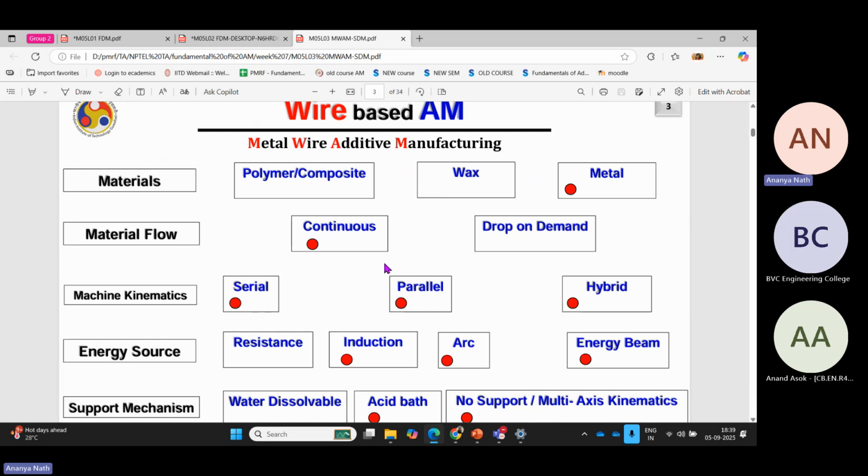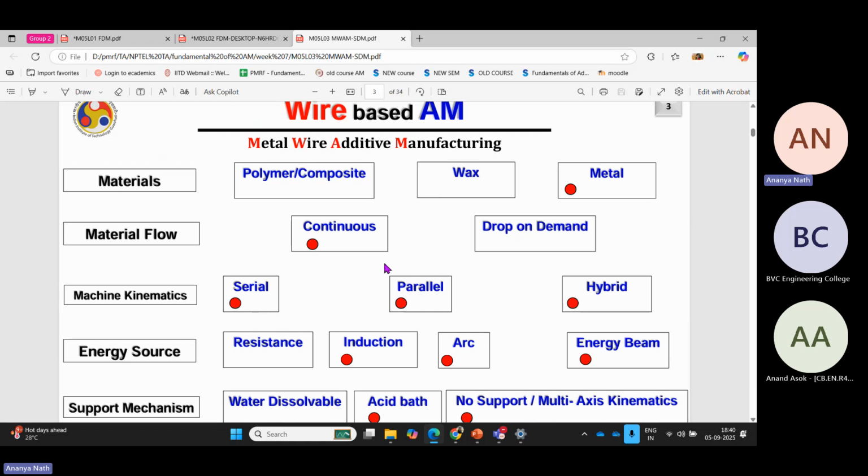Drop on demand is not that famous in case of metal. It's more famous in case of inkjet printing. There is another printing method, inkjet printing, which is also capable of some MOEMS and MEMS device fabrication using some ink in a 3D manner, like 3D printing. There, this drop on demand process is more useful and famous. In case of metal, it's going to be mostly continuous feeding.